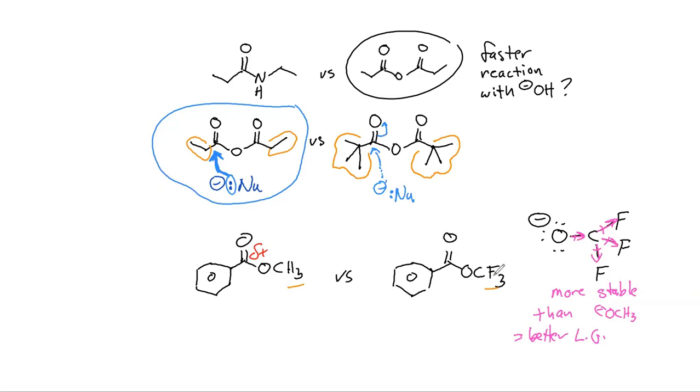If we put a bunch of fluorines here, we're pulling even more electrons away from the carbonyl carbon. It's an inductive, or indirect, effect, but it's still worth noting. So we'll make that a bigger partial positive. Either of those factors would favor the trifluoromethyl benzoate reacting faster.